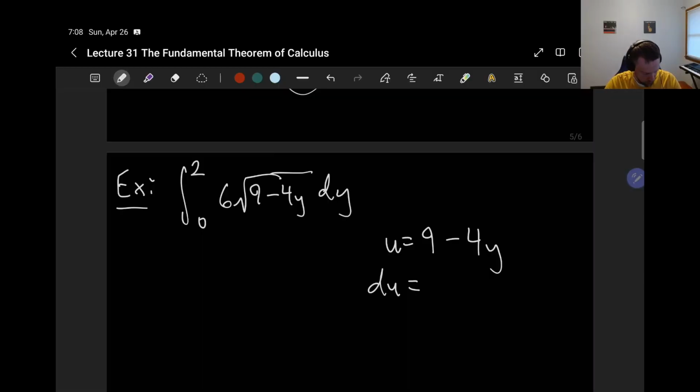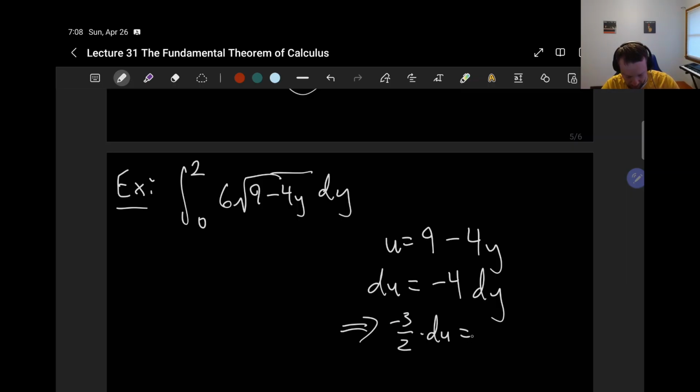That means du is negative 4 dy. Well, we don't perfectly see that in this integral. I have dy, of course, but I don't see a 4 out here. Instead, I have 6. Well, we can make this work by throwing in a little multiplier here, negative 3 halves.